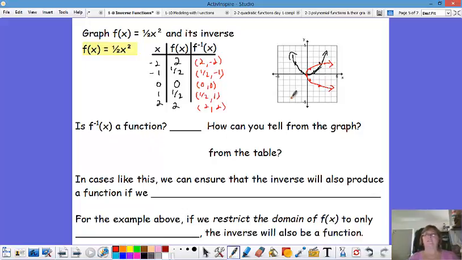Except I said function. Folks, is it really? Because there are vertical lines that hit this more than once. In fact, when x is 2, there's more than one value there. This is not a function. How can you tell from the graph? It doesn't pass the vertical line test.